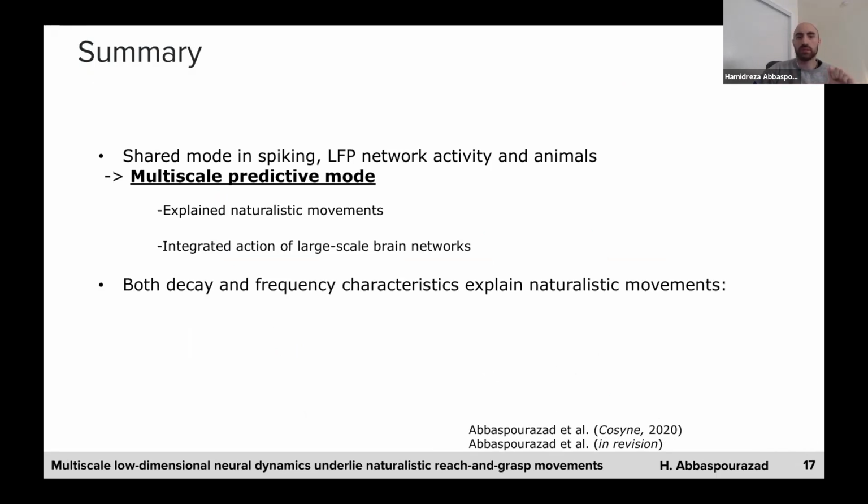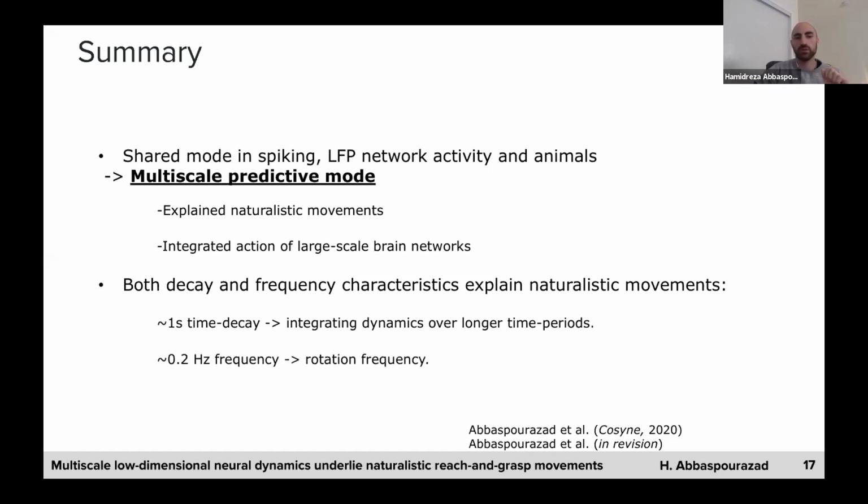Both decay and frequency characteristics of the multiscale predictive mode explain naturalistic behavior. The 1 second time decay indicated that naturalistic behavior relied on integrating dynamics over longer time periods compared to the other modes. And the 0.2 hertz frequency quantified the rotational frequency of the network dynamics.